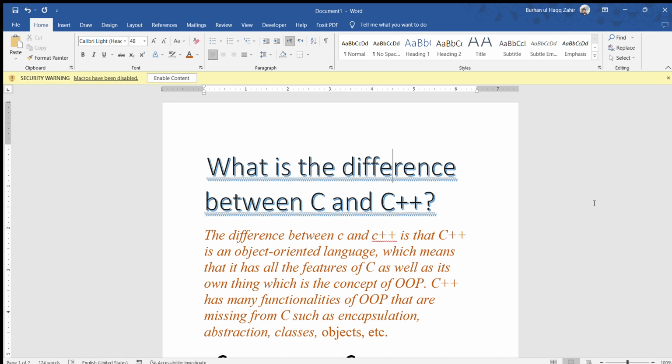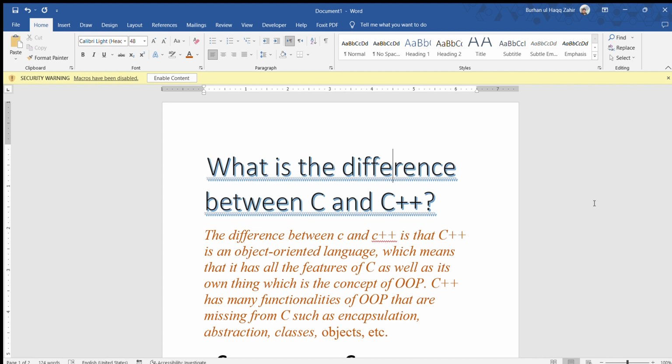I told you that this question is asked very commonly in almost every interview and in your paper exams. So this is the basic, and also important. The question is, what is the difference between C and C++?